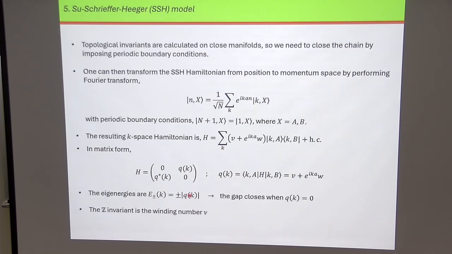So the gap will close if these energies are 0, right? And this energy is going to be 0 if q of k is 0. So if for some k, q goes to 0, then it indicates that my gap is closing. So I will have here a topological invariant, which is this C number, which is the winding number.